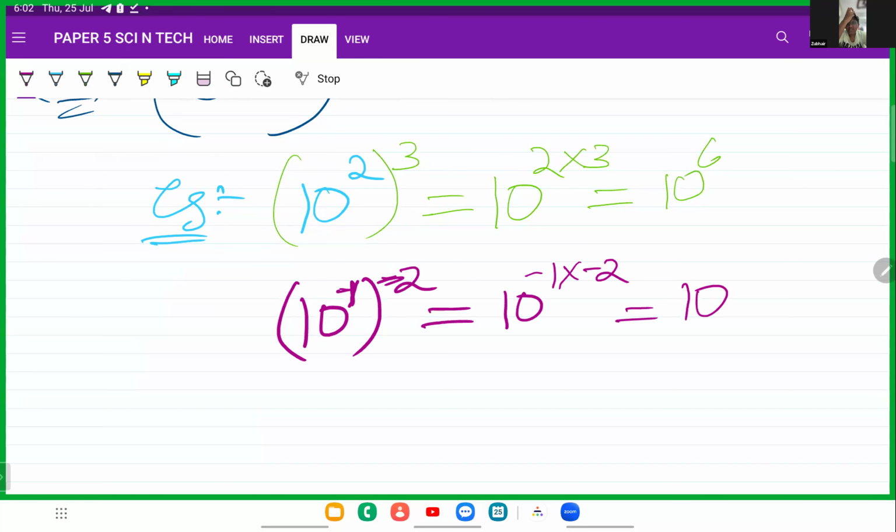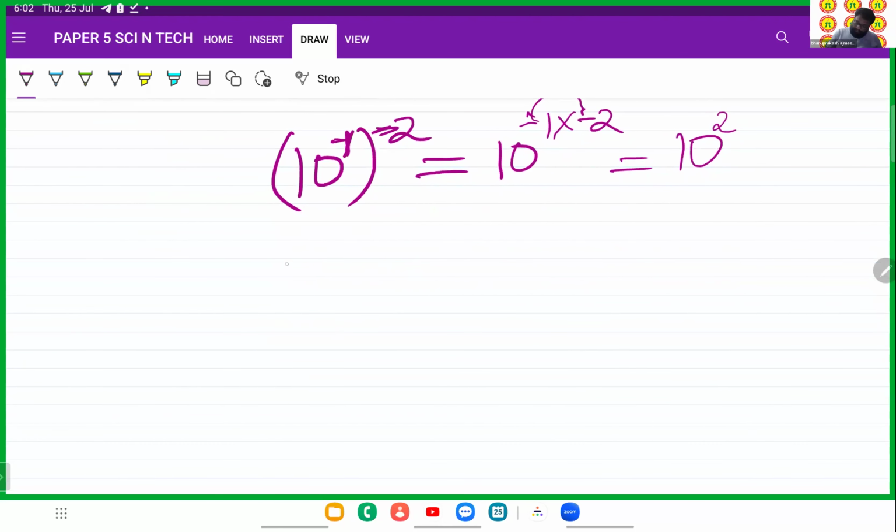No, sir, minus 2 into minus 1, sir, how could it be 3? You don't know the difference between product and addition of two numbers. Minus into minus is plus. 1 into 2 is 2. So 10 square. Please give me the answer for this.